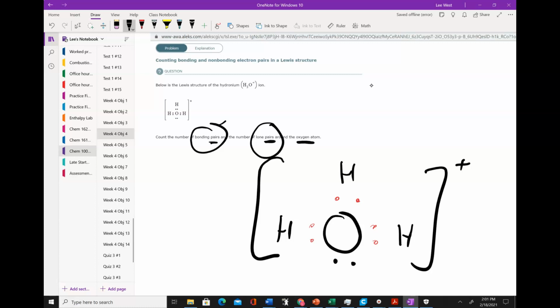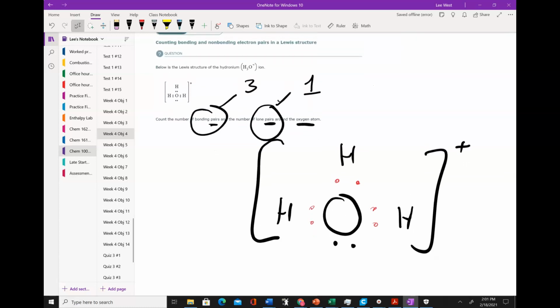So how many bonding pairs? 3 bonding pairs. How many lone pairs? 1 lone pair. Okay, so you want to be careful because you want to make sure that you're focusing on the correct atom, and also you want to make sure whether they're saying individual electrons or pairs of electrons. So just take your time with it and read the question clearly.